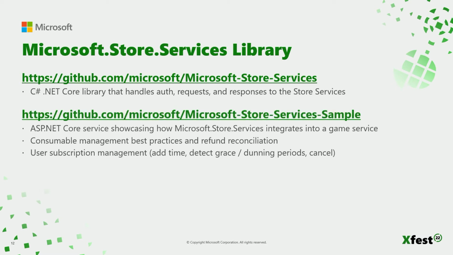Additionally, the Microsoft Store Services sample is an ASP.NET Core example service, showcasing how to use the library. The sample also showcases best practices for managing consumable refund reconciliation with the clawback service and managing subscription products from your service.